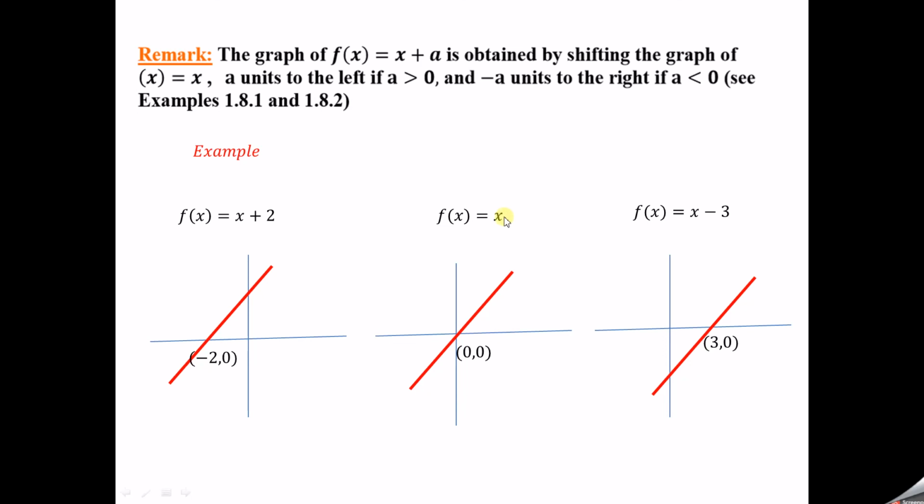If we have f(x) = x - 3, like here, we have to shift this curve 3 units to the right. So this is the remark. It is about obtaining the function by shifting to the right or to the left. The graph of f(x) = x + a is a straight line.